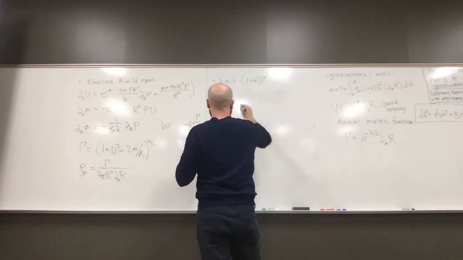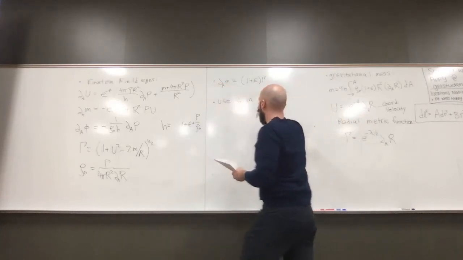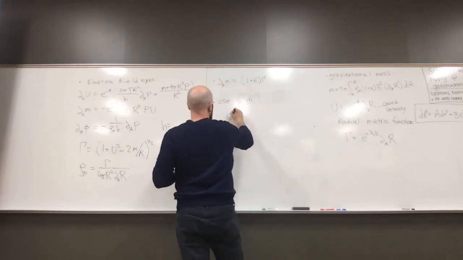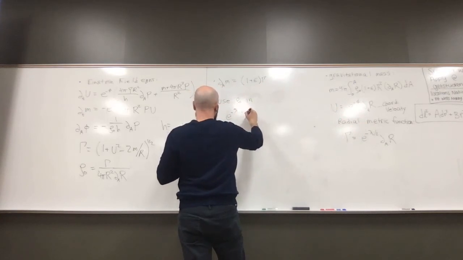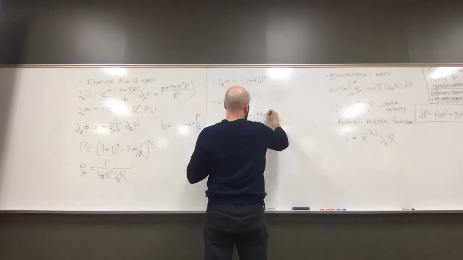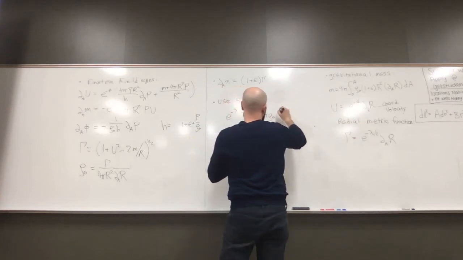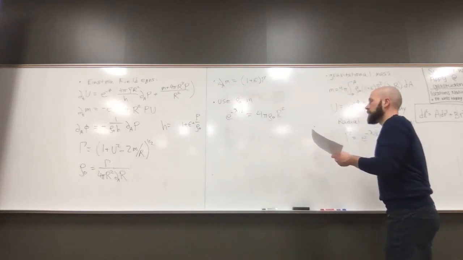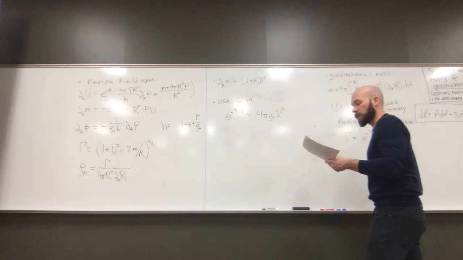So I want to solve for the e to the lambda, in an equation that has been erased. But what I end up with is e to the minus lambda over 2 is then equal to 4 pi rho naught r squared. So that tells me a constraint for lambda, how to solve for lambda.